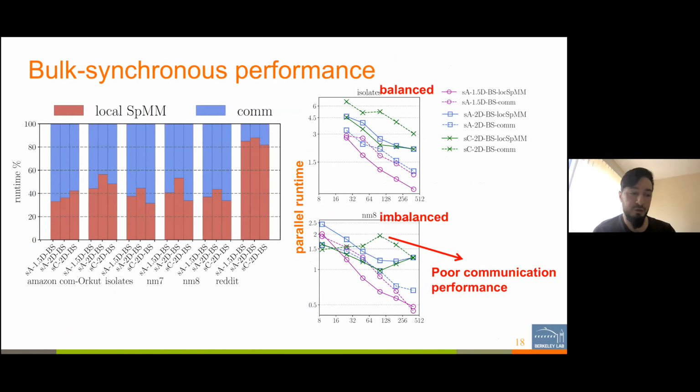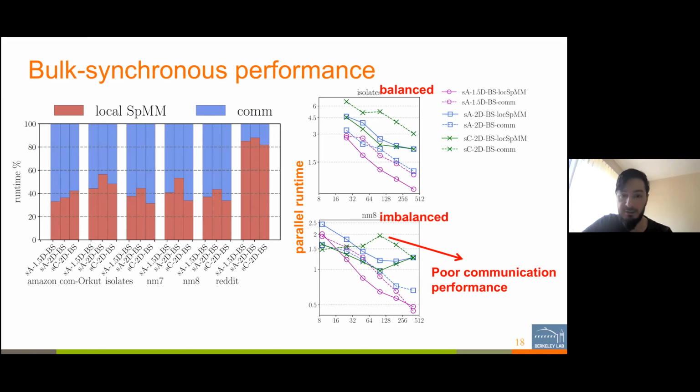Finally, we focus on the performance of the bulk-synchronous schemes. Among the 3 bulk-synchronous algorithms, it can be said that the 2D A-stationary algorithm usually constitutes a smaller portion of the overall execution time compared to the 2 others. And we see that the 1.5D A-stationary algorithm is more scalable. There are 2 main reasons for that.